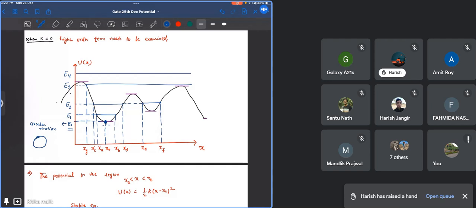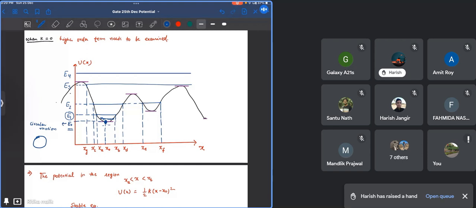And if you have a little higher energy, even in that case, if you slightly perturb your particle, it will move to this side, and since your total energy is just this much, it will go back to this side.